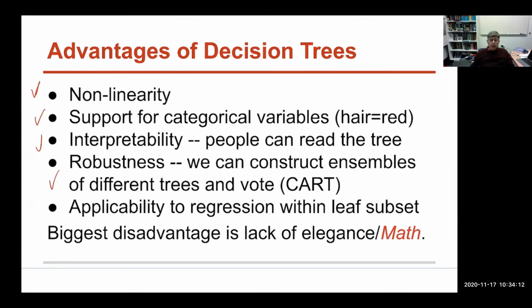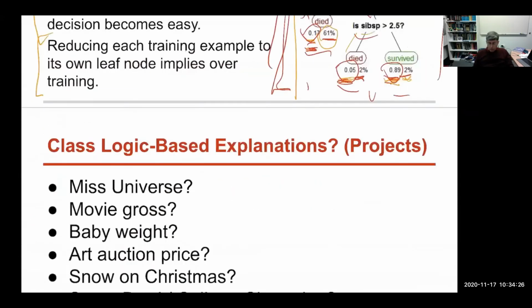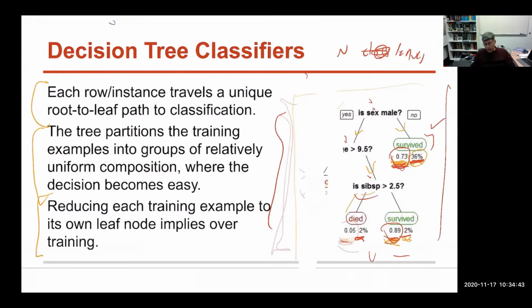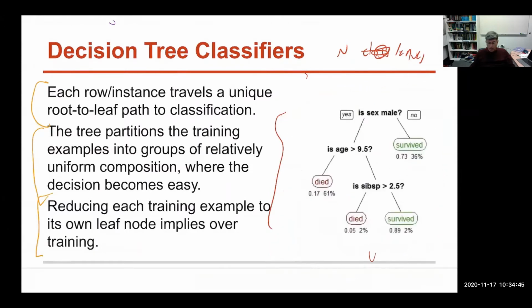The final thing that I would say is that you could also use decision tree ideas combined with regression methods, even linear regression. If you have a world where you have a large amount of data and a large number of features, a huge number of training examples, there's no reason why you couldn't build a decision tree classifier.